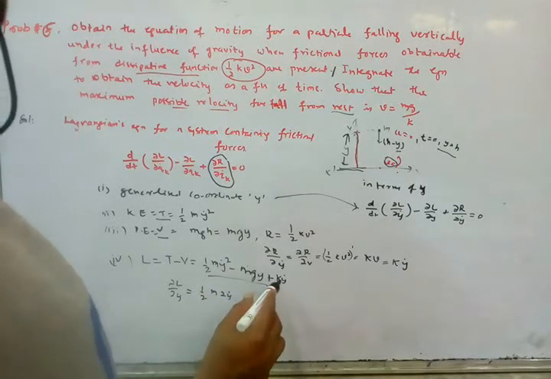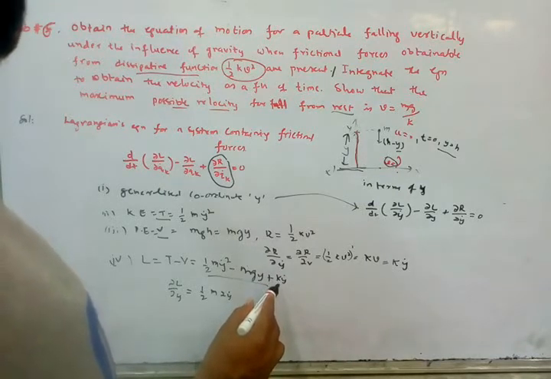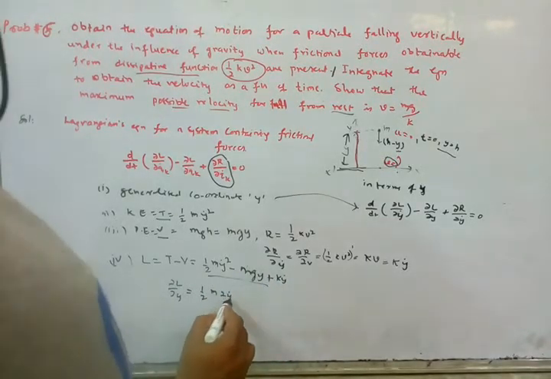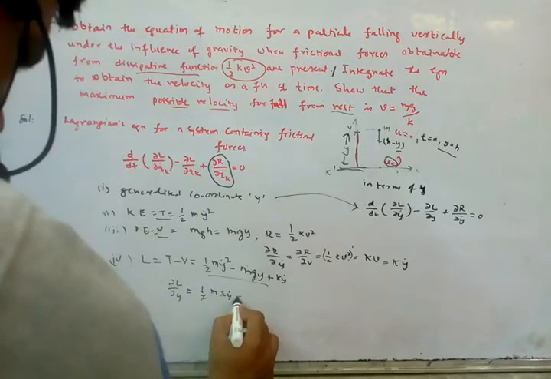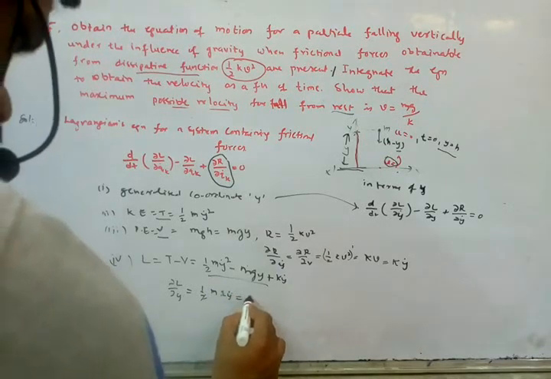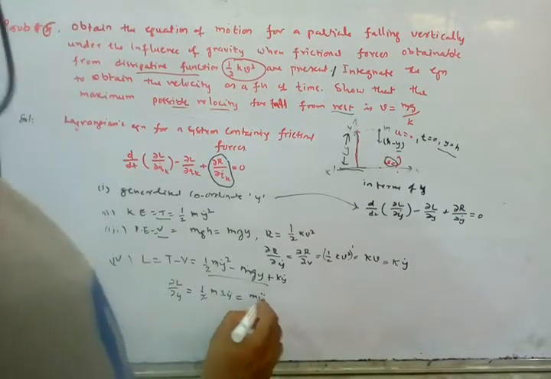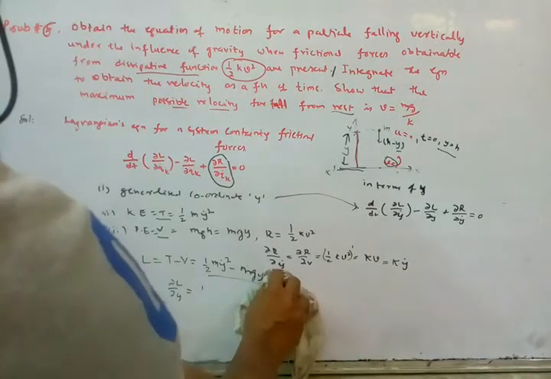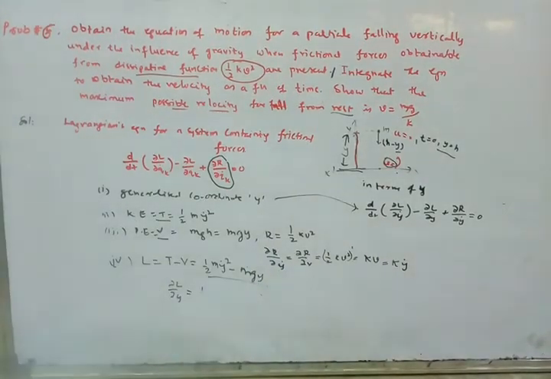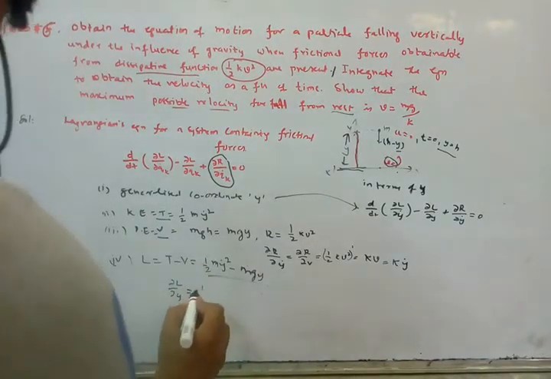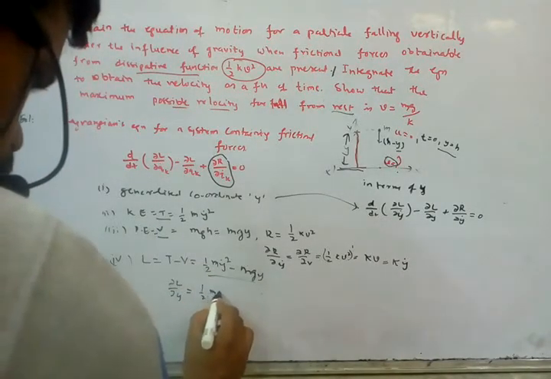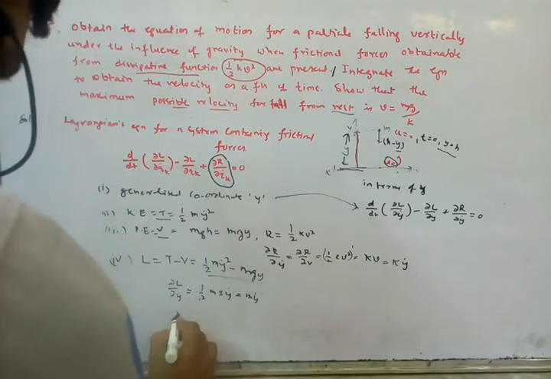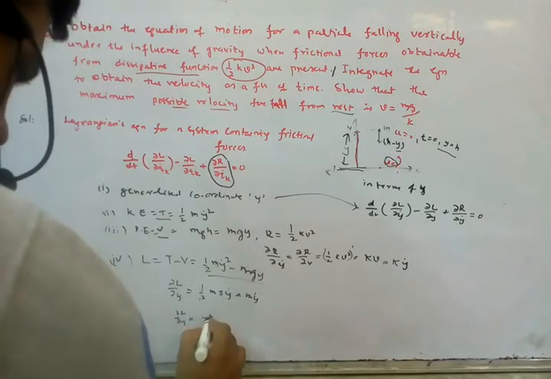There is no y dot term in the last part. L equals T minus V, and dou L by dou y gives minus mg.